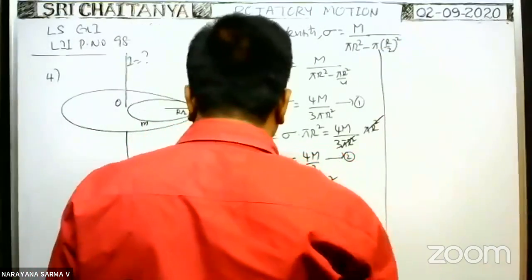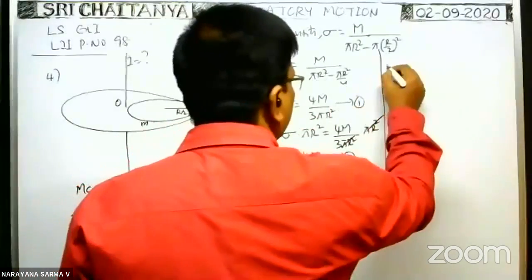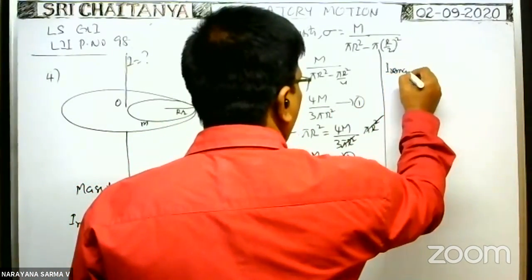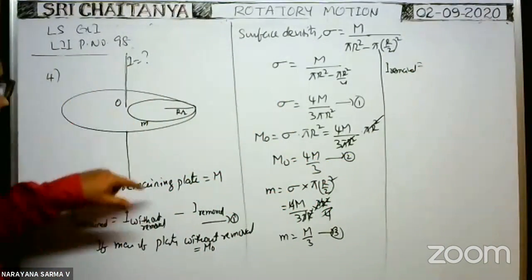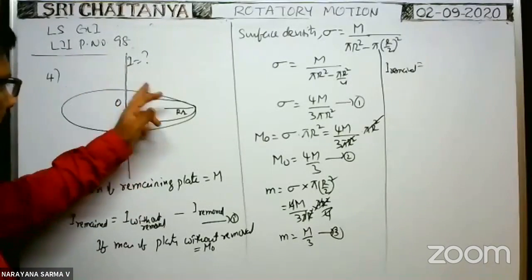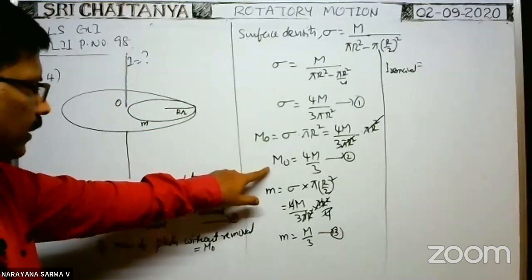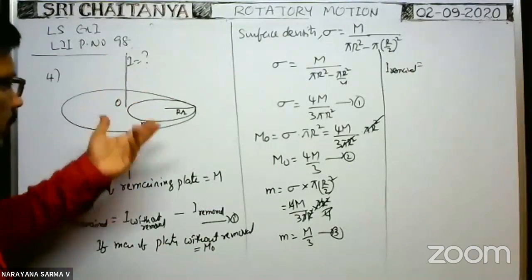Now you write from this equation 1, I remained is equal to, tell me, what is the moment of inertia of the entire disk without removal of the small part? Without removal of the small part, mass of the entire disk is equal to capital M naught. So moment of inertia of the circular plate about this axis is equal to mr square by 2 only, no?